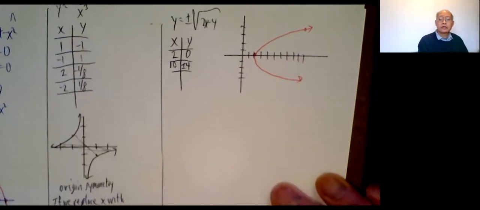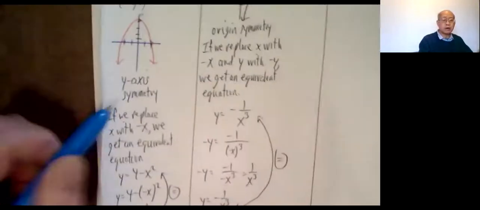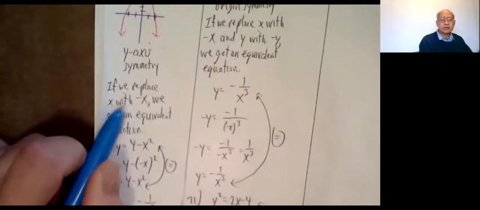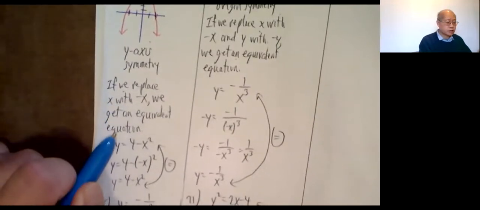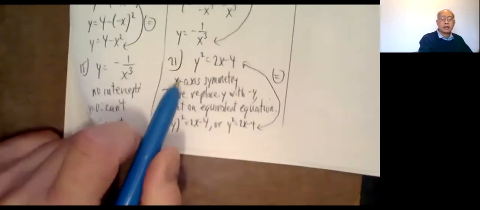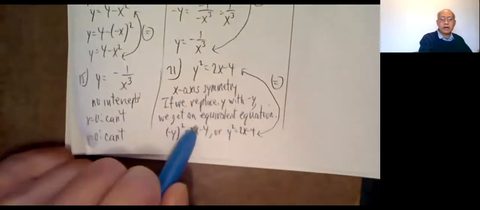Okay, and there's one more of this kind of problem I'm going to show you. So I've shown you an example of y-axis symmetry. And if you replace x with negative x, you get an equivalent equation. X-axis symmetry: replace y with negative y, you get an equivalent equation.